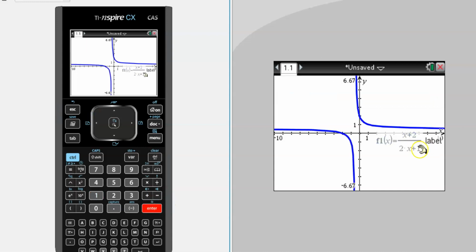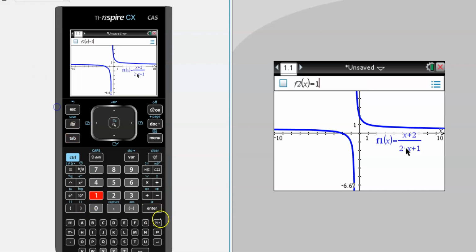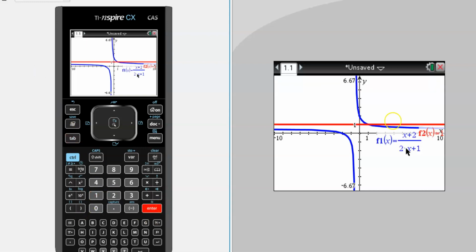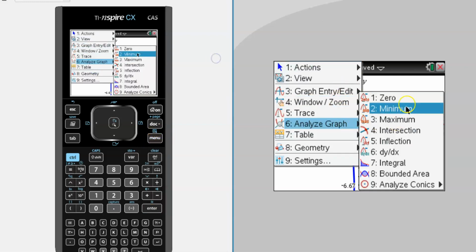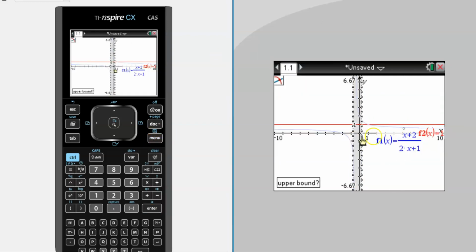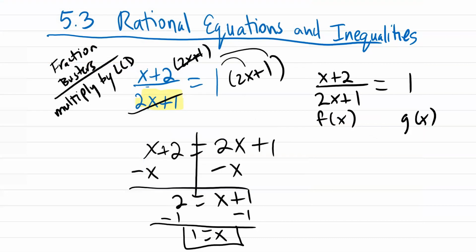Okay, and I could graph 1. And I can find out where do these cross. Look for the intersection here. They cross at 1, 1. They cross when x equals 1.